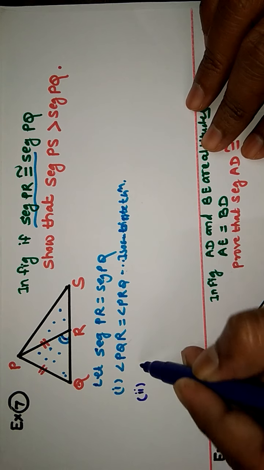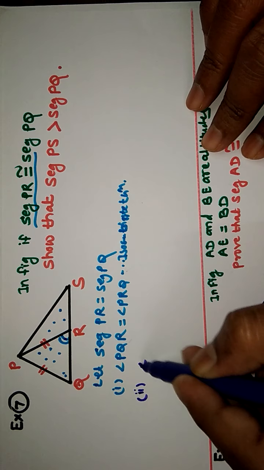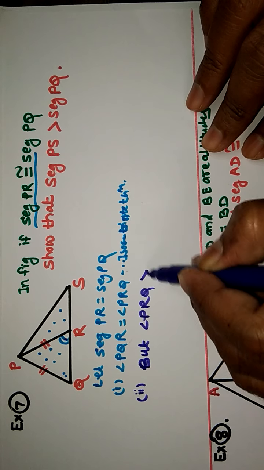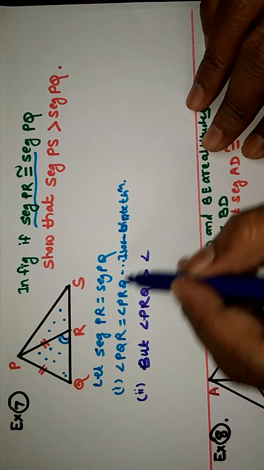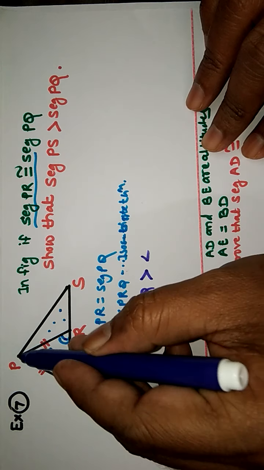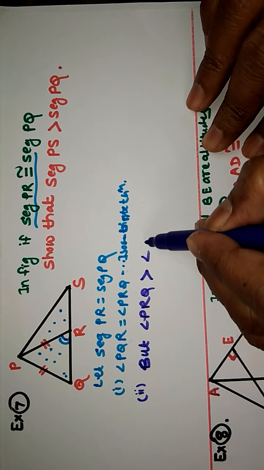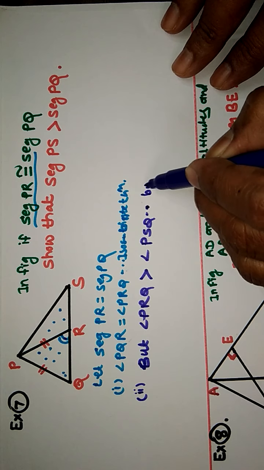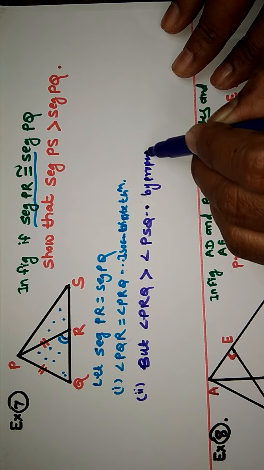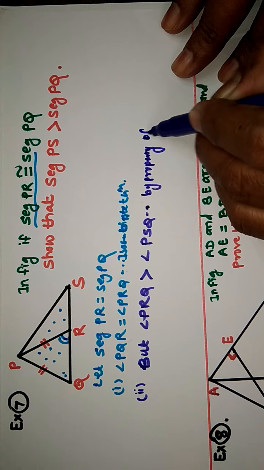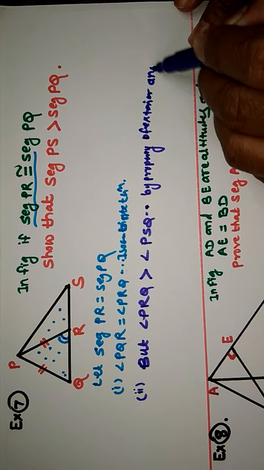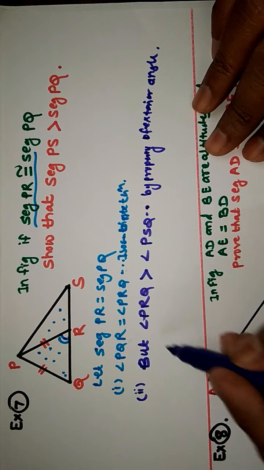From statement number 2, angle PRQ is greater than angle PSR, reason: property of exterior angle.